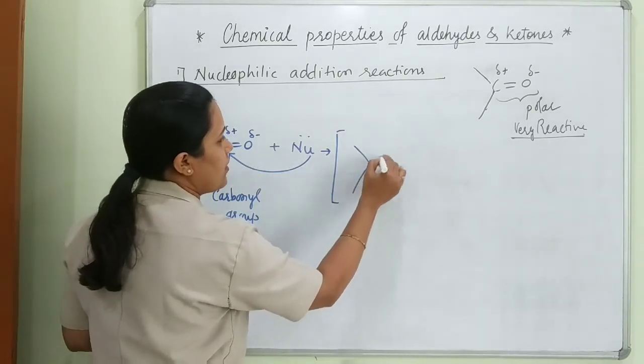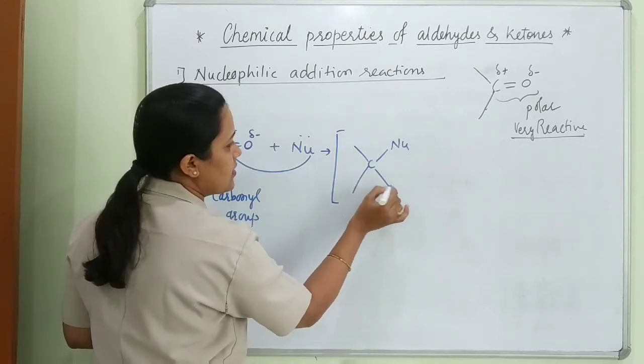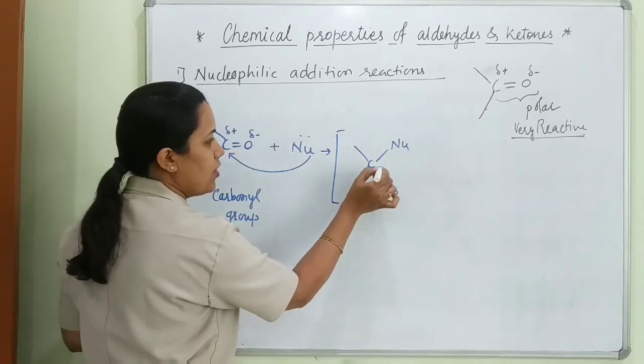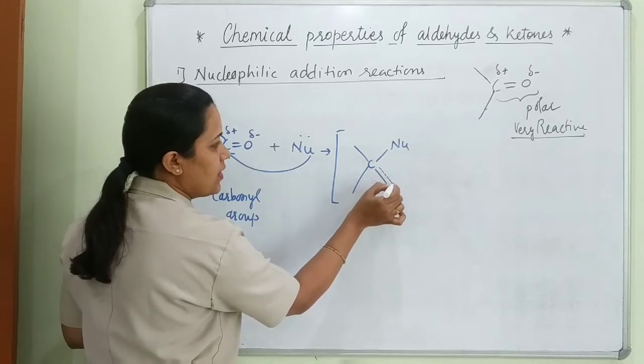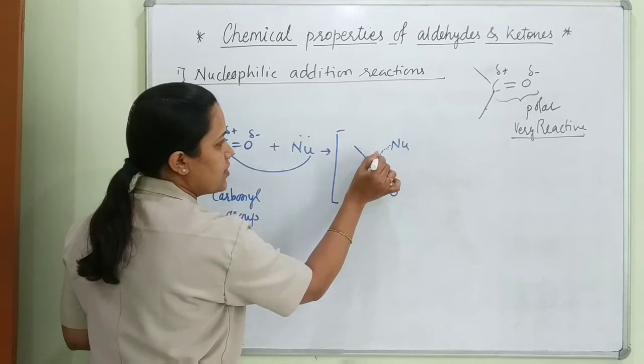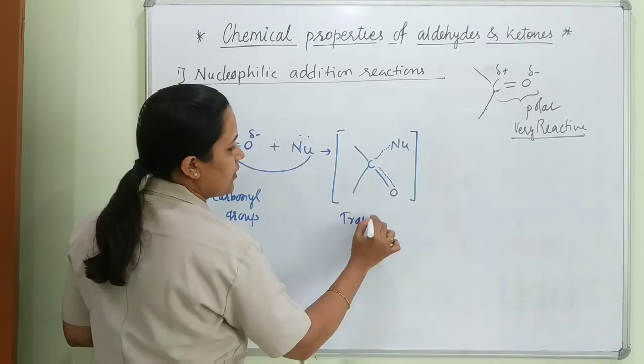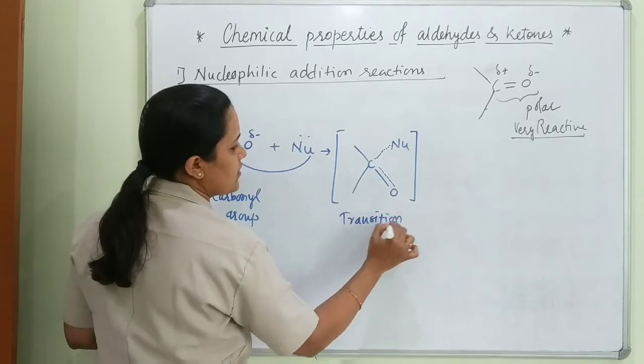How can it form a transition state? The nucleophile attacks, and as carbon is bonded to oxygen with a double bond, we can make this bond dotted to show the transition state of that particular group.